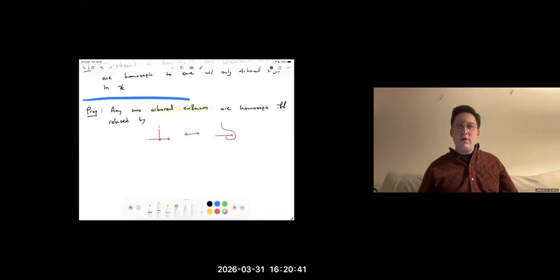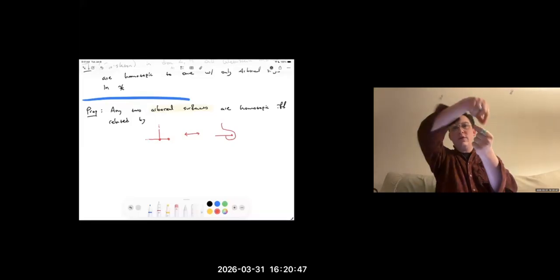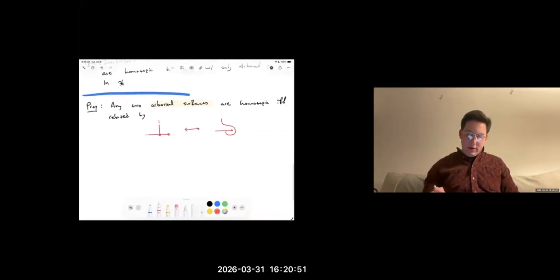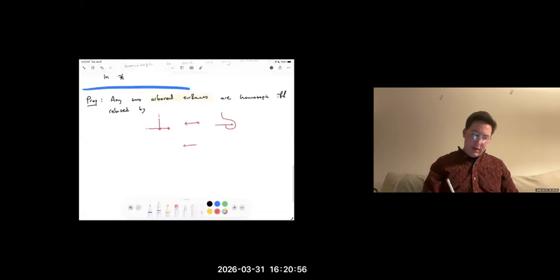This doesn't happen for Morse functions because Morse functions just have single critical points at index 0 critical points. So there's nothing to isotope around. So this is an additional thing in addition to Morse theory. In addition, there's another one that has the exact same situation. I just move these two past each other.